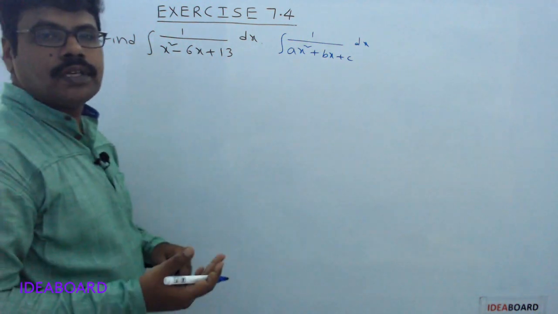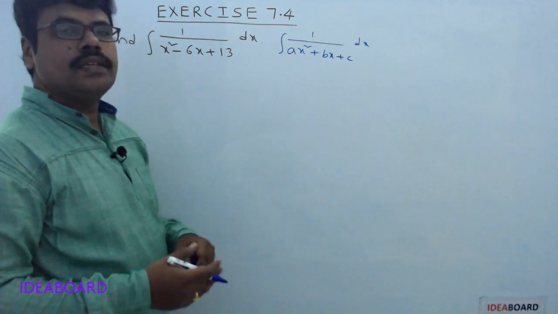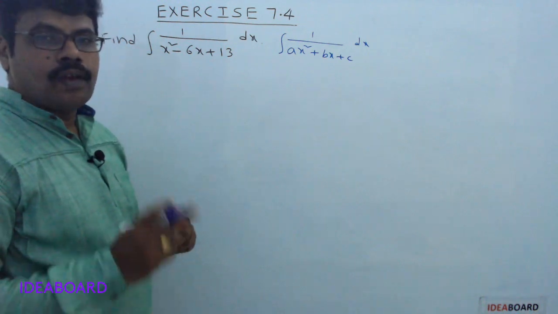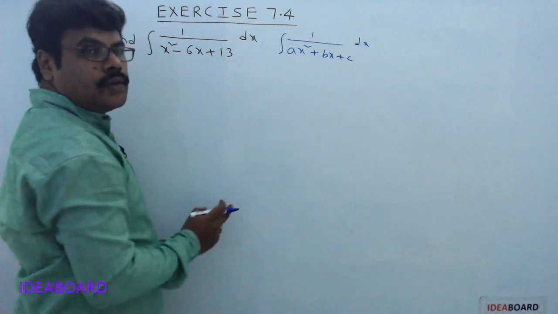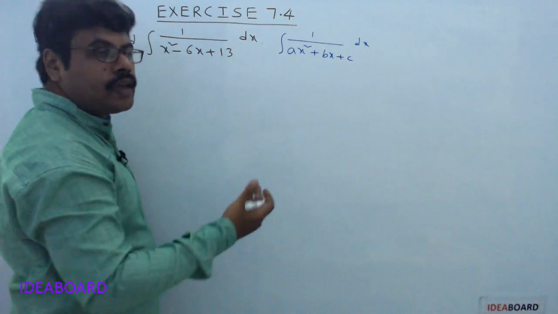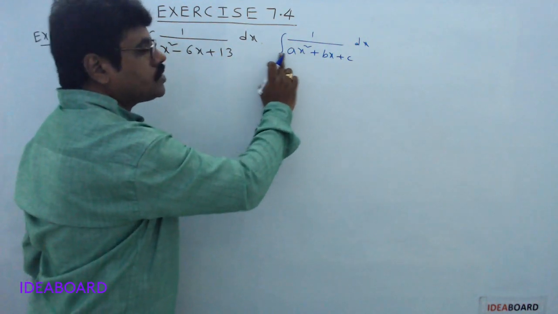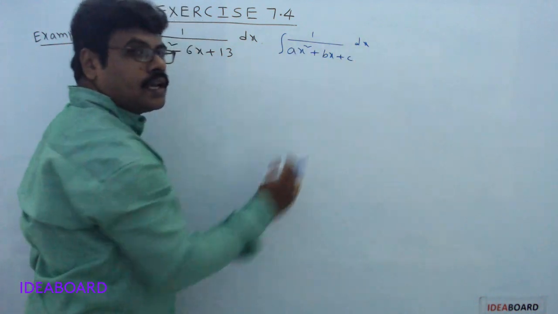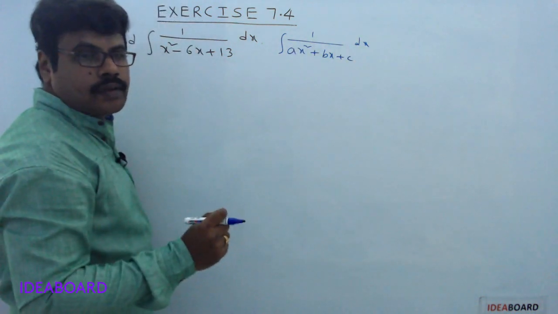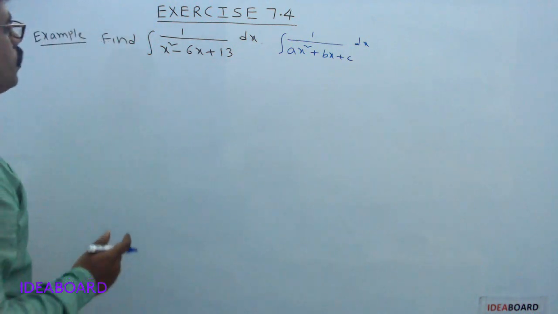Now what is the procedure to evaluate this type of integrals? Step 1 is make the x square coefficient unity. After that, try to convert this denominator expression into a perfect square. Now come to the solution of the problem.